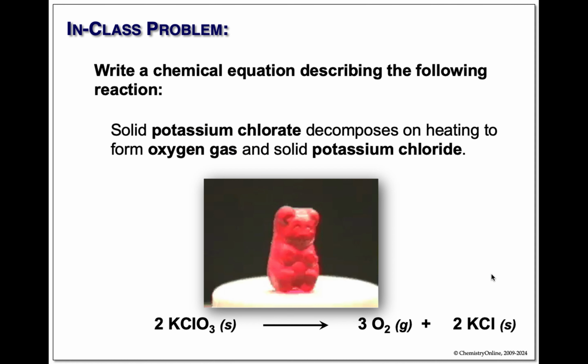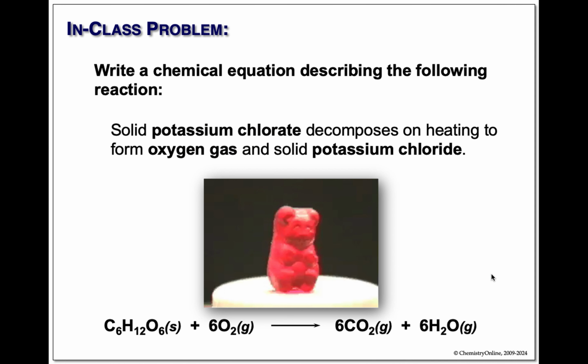Gummy bear is essentially pure sugar. We're going to take our tube with potassium chlorate in there. It will generate oxygen. The oxygen will react with the sugar. It'll form CO2 and water. Happens spontaneously.